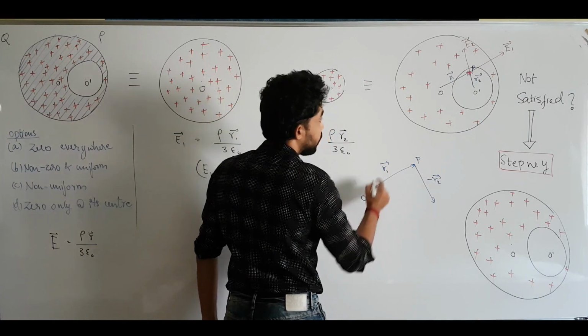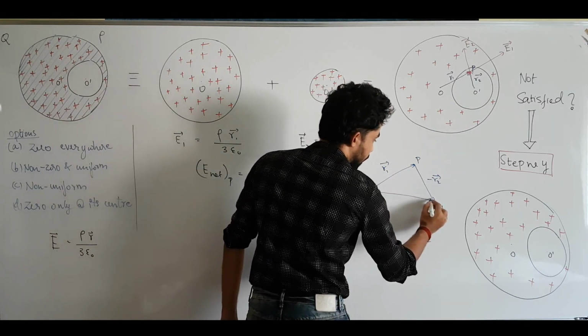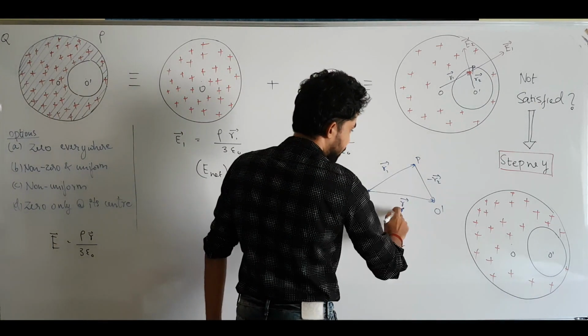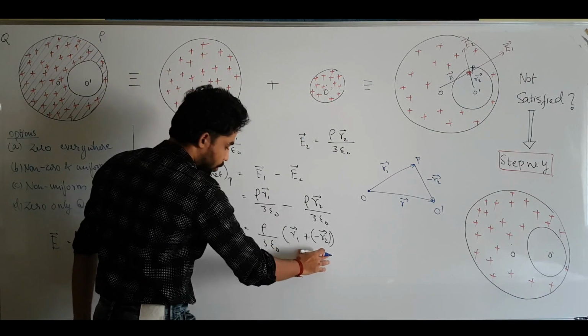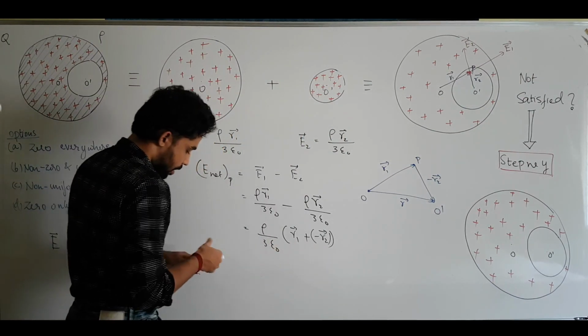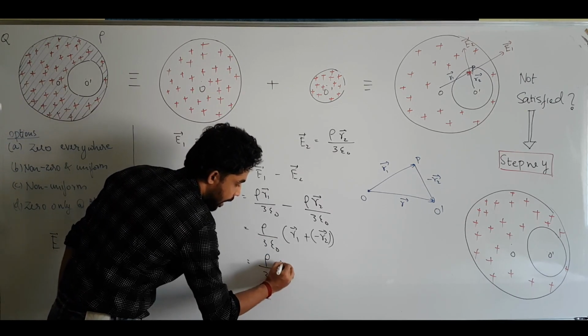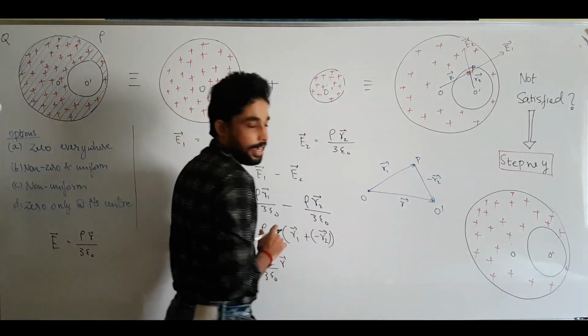This point is O and this point is O dash, so the resultant will be a vector, let me consider r vector, and that is simply the addition of r1 and minus r2. So I can replace this whole thing with rho by 3 epsilon naught r vector, and the r vector is the distance between the two centers.